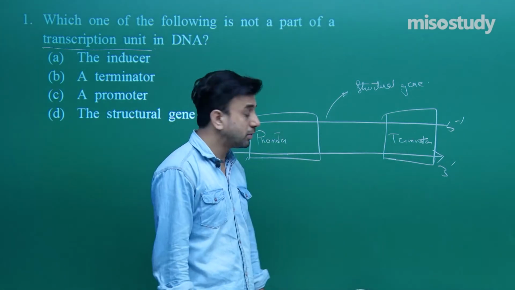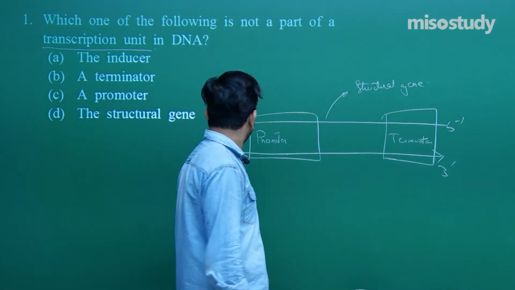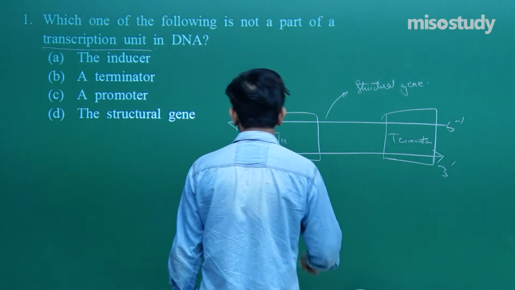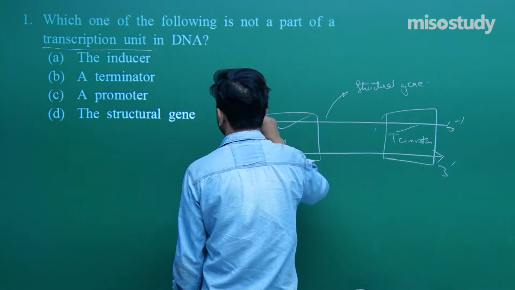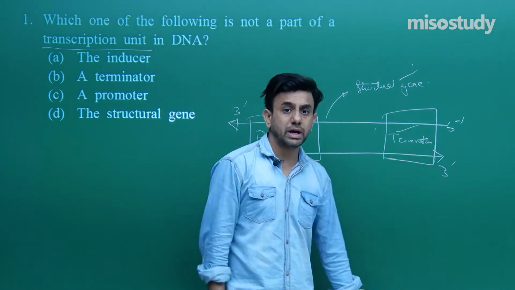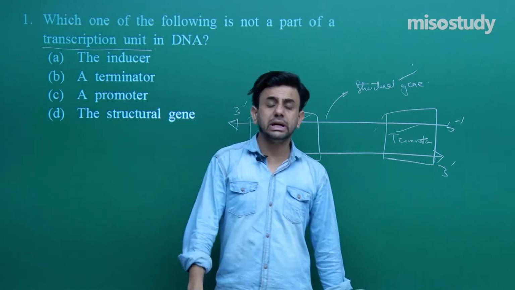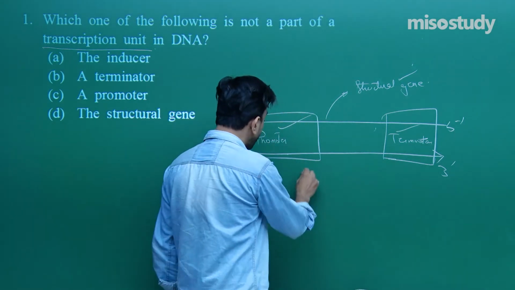So the terminator is here, the promoter is here, the structural gene is here. So what is remaining? What is remaining is the inducer.